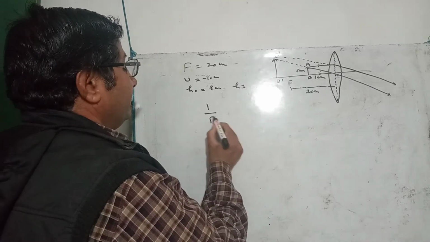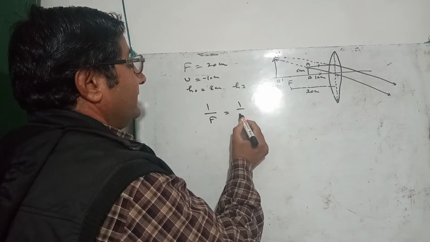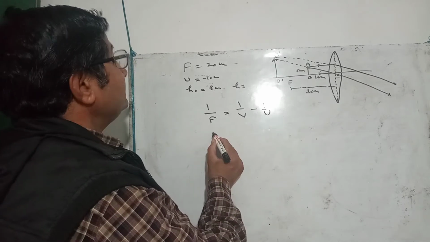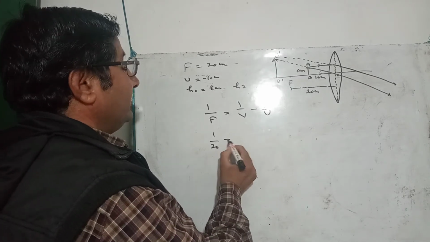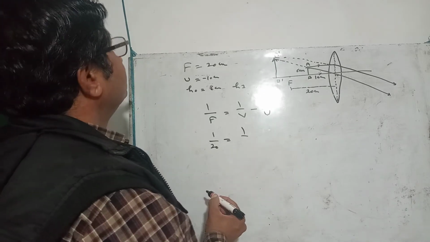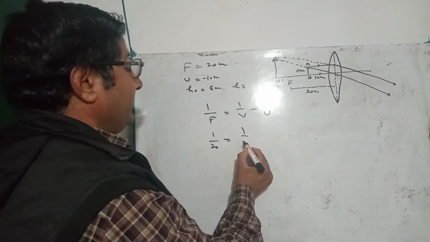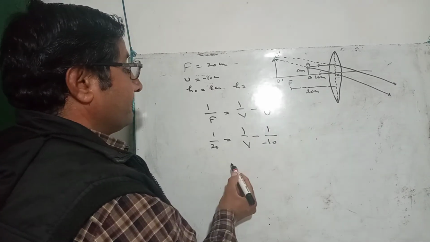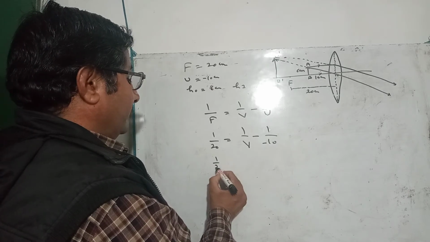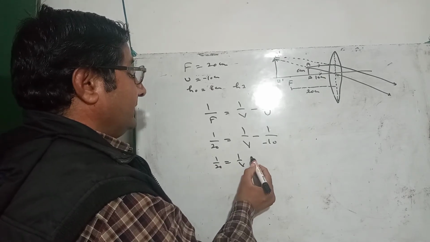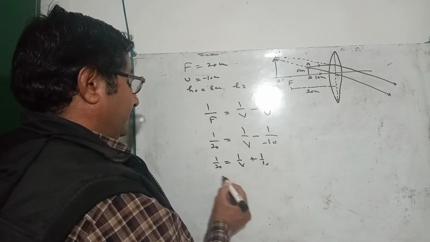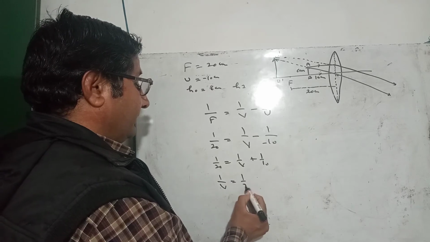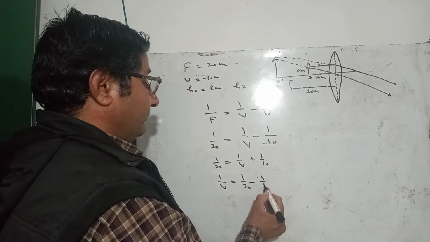The lens formula is 1 upon F equal to 1 upon V minus 1 upon U. So 1 upon 20 equal to 1 upon V minus 1 upon minus 10, 1 upon 20 equal to 1 upon V plus 1 upon 10, 1 upon V equal to 1 upon 20 minus 1 upon 10.